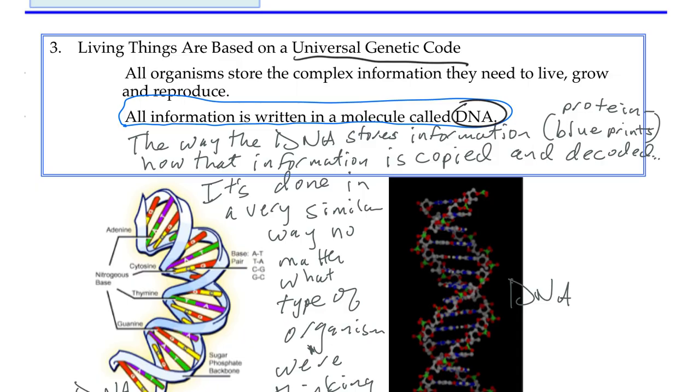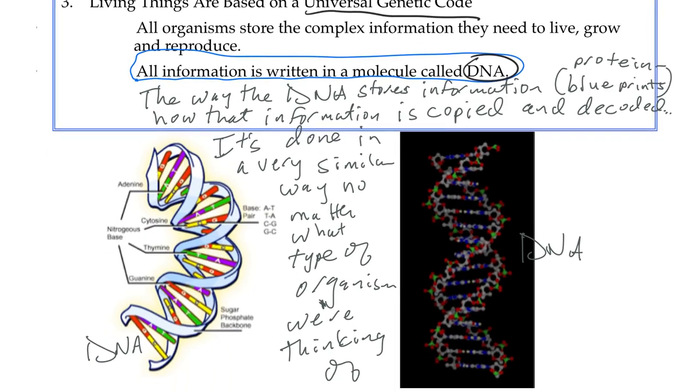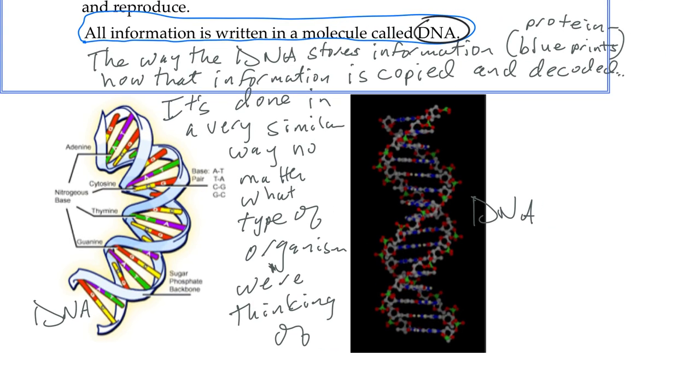A blueprint. The way the blueprint is read inside each of our cells, the way the blueprint is decoded into the proteins that make up all our traits, is very similar, almost identical in any kind of life form, whether it's a bacteria or a human being.